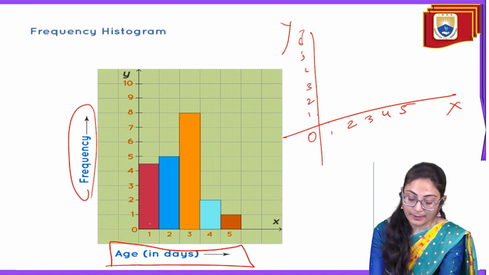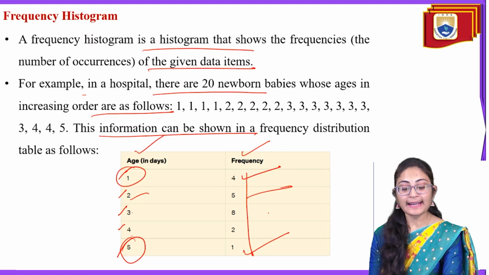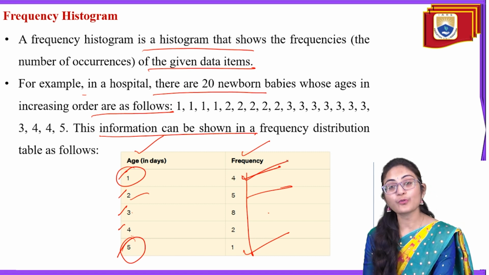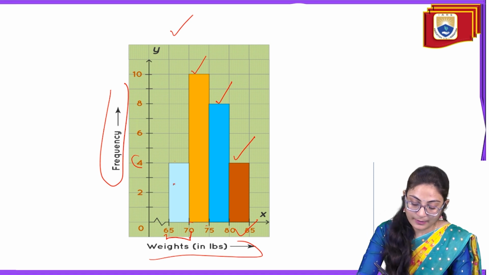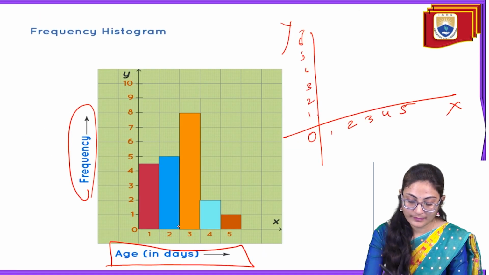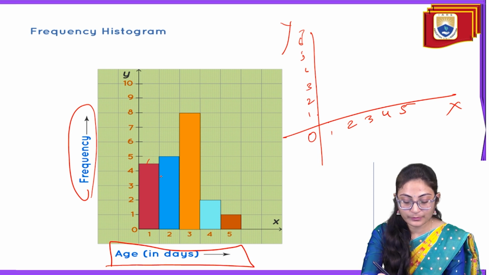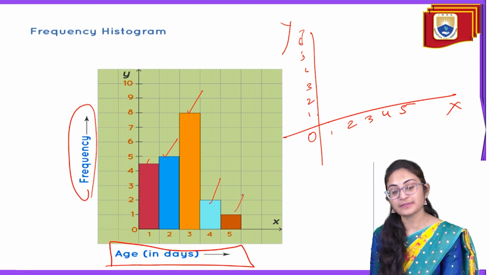So between 0 to 1, with age 1, there are 4 newborn babies. So 0 to 1, 4 newborn babies, then 5, then 8, 2 and 1.